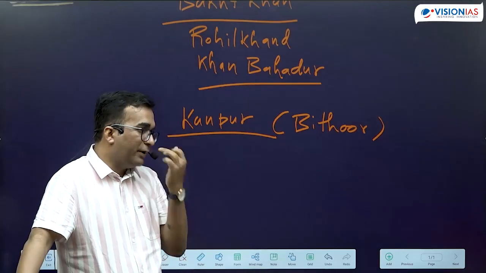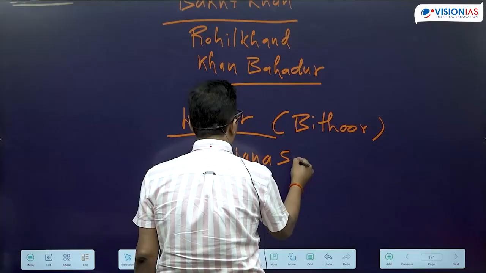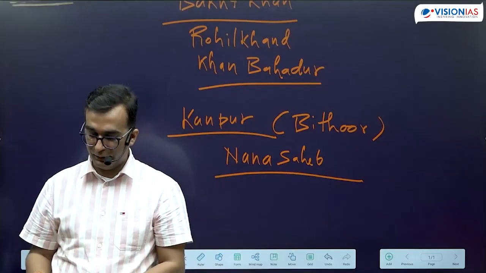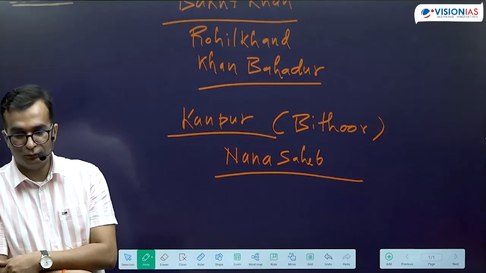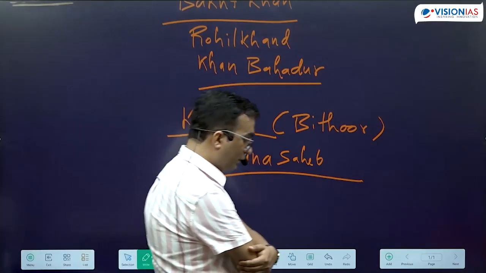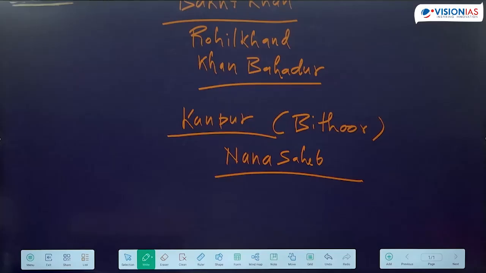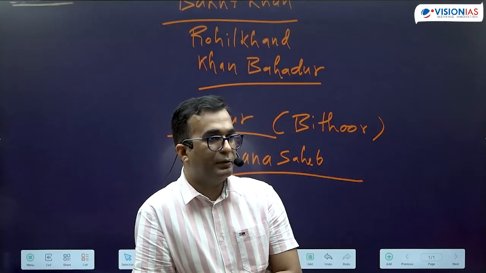The adopted son of the Peshwa, Nana Sahib, persuaded the British authority to continue with the pension. But they refused.